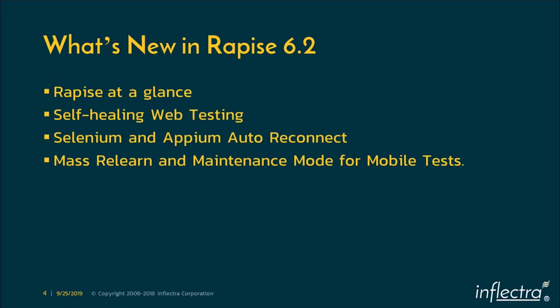All these new features are devoted to test maintenance, and we assume that it is a major benefit of Rapise, and it's the strongest part of it, and we devote our attention to making maintenance as easy as possible.